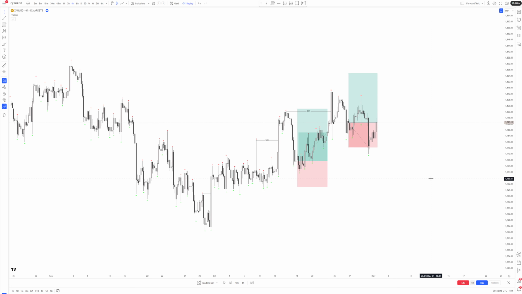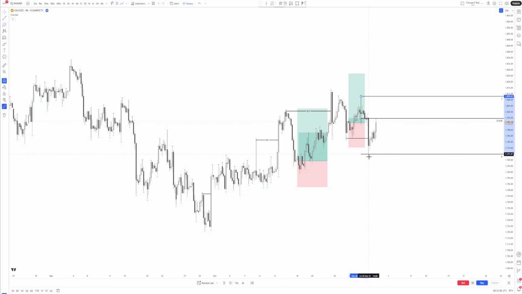Now what we've got is a break of structure to the downside. Now this is an external structure, not an internal, so that's good. And all we're going to do is go for the same but on the opposite side, and you can see that we have a potential tag in there.